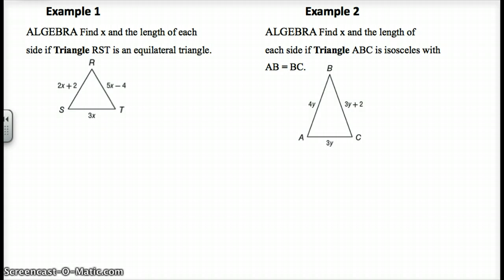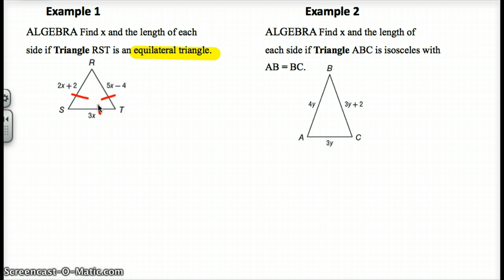In example number 1, you're asked to find x and the length of each side of triangle RST when it is an equilateral triangle. And so that's classifying the triangle by the sides. So you have an equilateral triangle, which means all sides are equal. So what that means here is this side and this side are equal.